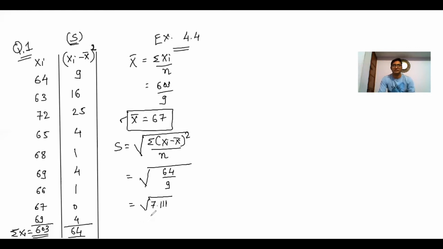Now in the calculator there is a specific button for under root. If you press it one time, our answer is 2.67. That's it. It is called standard deviation. Get it? So it is a very simple sum for standard deviation for ungrouped data.